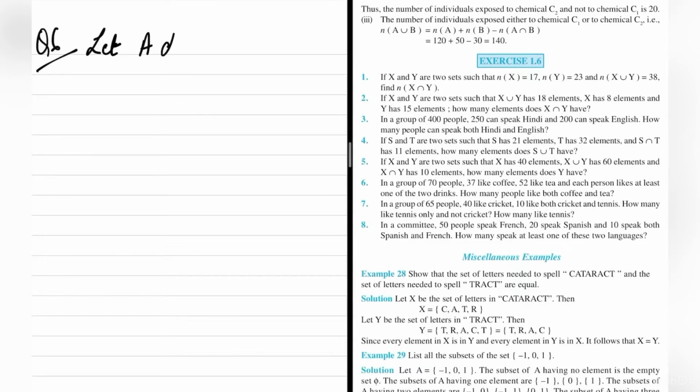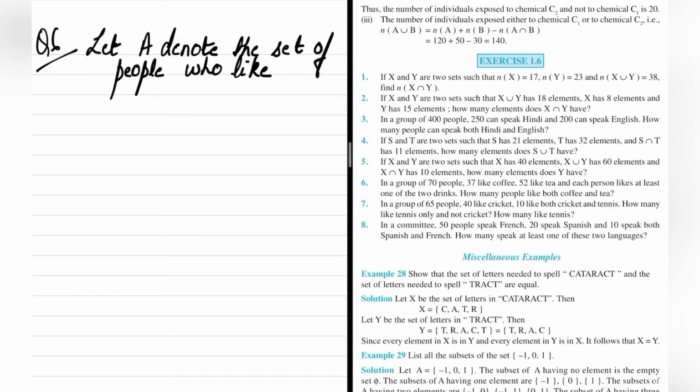So let A denote the set of people who like coffee, and let B denote the set of people who like tea.